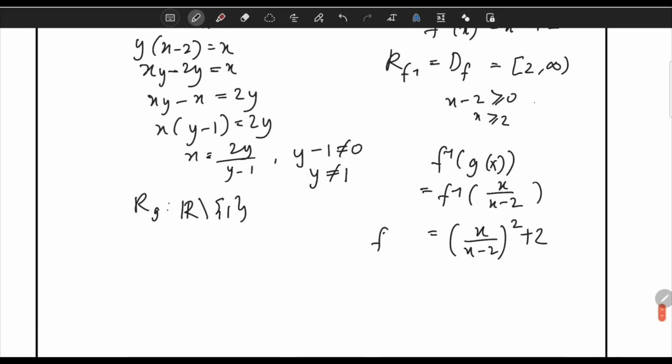So this is your f inverse of g(x). Now we just substitute for f inverse g of 3. So that will be (3 over 3 minus 2) squared plus 2. So that will be 11.